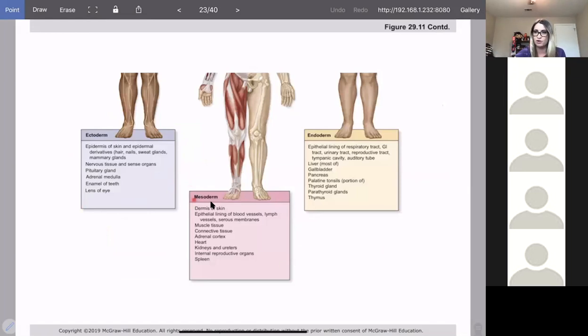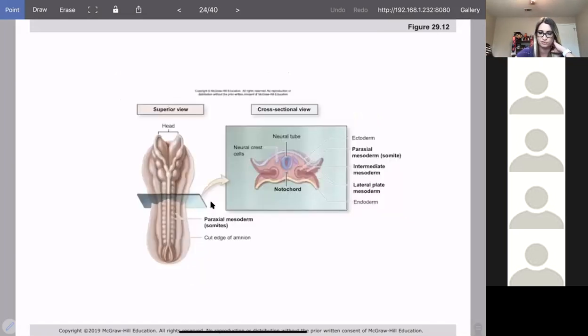Mesoderm: all muscle layers are going to be from mesoderm, and some other things. And endoderm is going to be the lining of the internal organs, and some glands also come from the mesoderm as well. Make sure that you are able to match the different things that are coming from these different germ layers. That will definitely be on the exam.